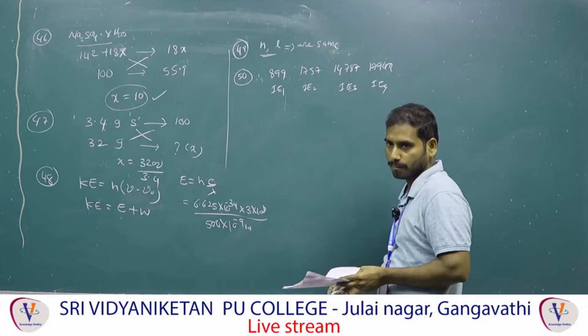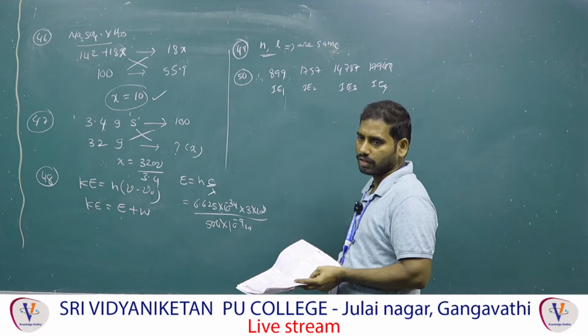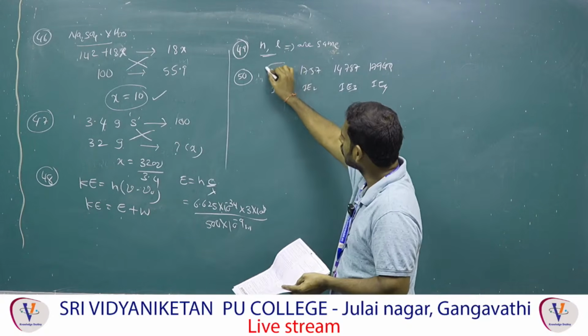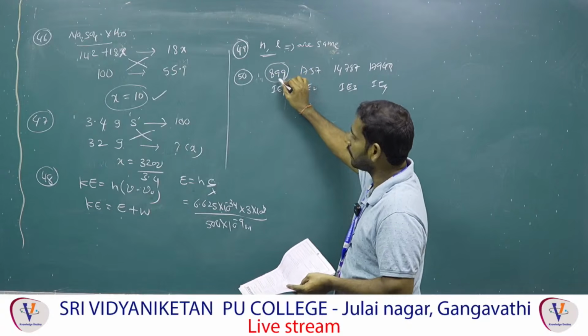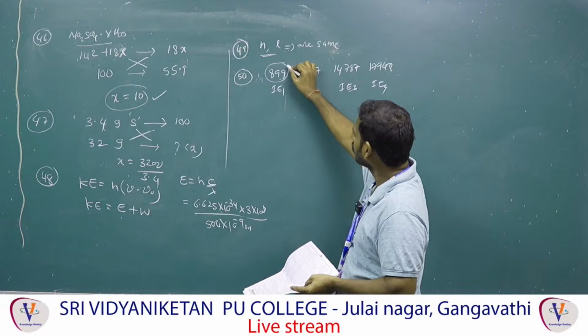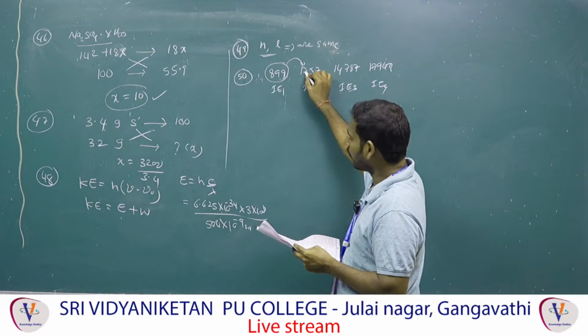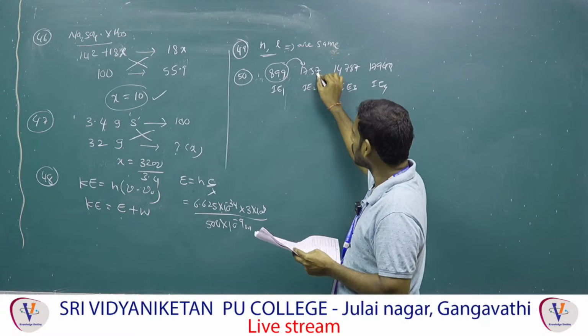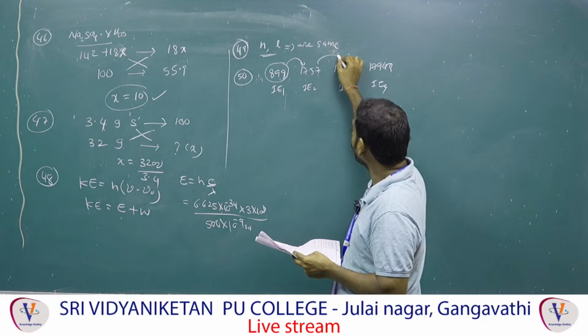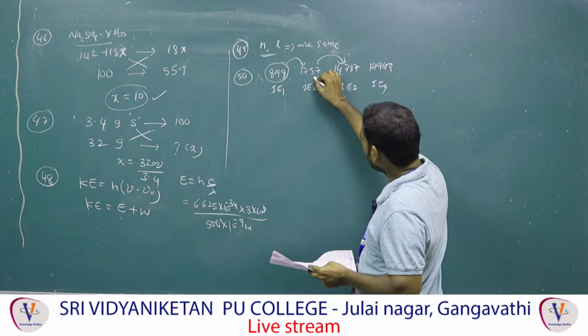The amount of energy required to remove an electron is called ionization energy. First electron removal requires 899, from here to here. Removing one more electron requires 1757, from the first to the second ionization energy.